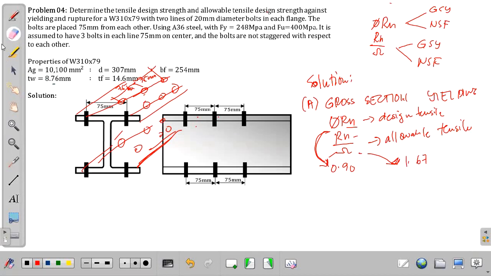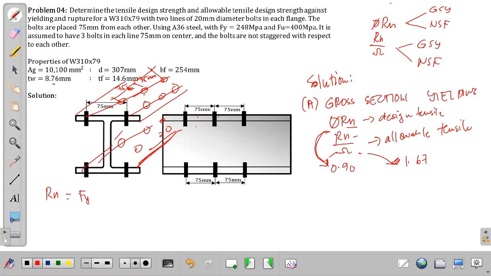Okay? So we need to solve the value of our nominal strength in order for us to solve for our design and allowable tensile. So what would be the equation of nominal strength against gross section yielding? What will be our equation? That is equal to Fy times Ag.